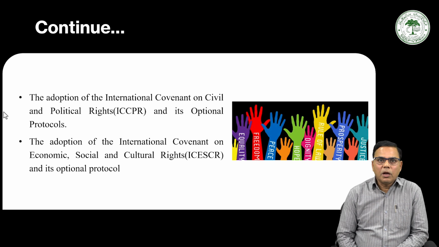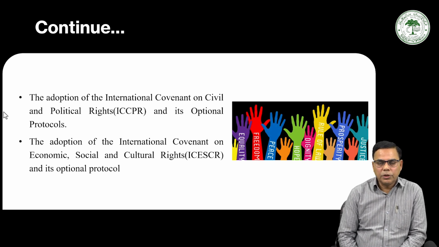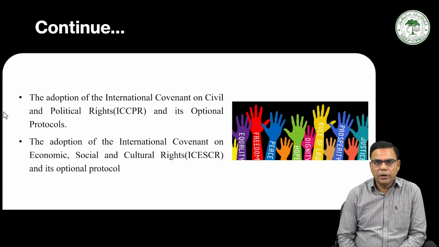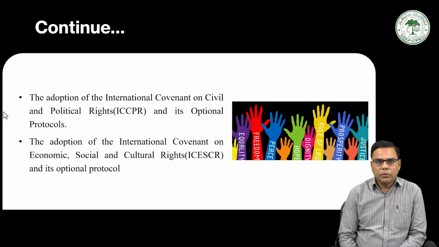So when the ICCPR was adopted, it also had an implementation mechanism. In the implementation mechanism, we find three kinds of things, under the International Covenant on Civil and Political Rights. One is the reporting system or reporting procedure.